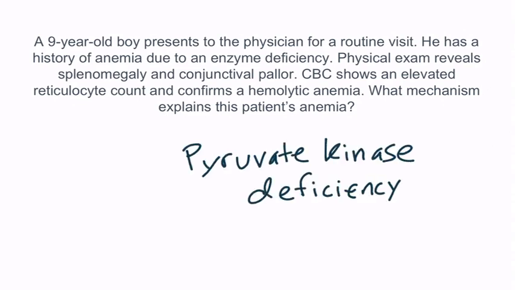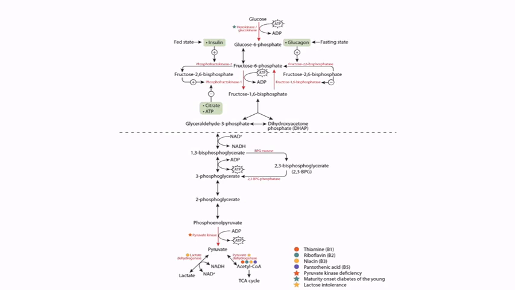We can deduce this because the question stem states that he has an enzyme deficiency, an elevated reticulocyte count, and a hemolytic anemia. From the figure, we can see that pyruvate kinase normally converts phosphoenolpyruvate to pyruvate and generates ATP in the process.